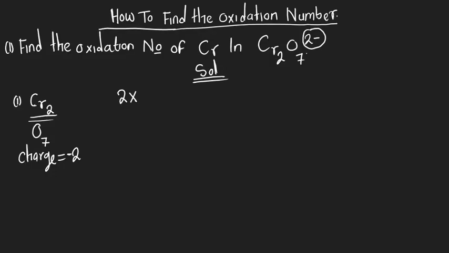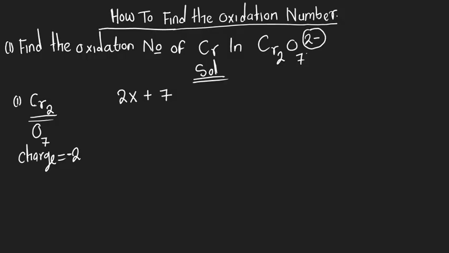But for this one, you say 2x. Then you add plus. Then you ask yourself this one question: what is the charge of oxygen? How many atoms of oxygen do you have?